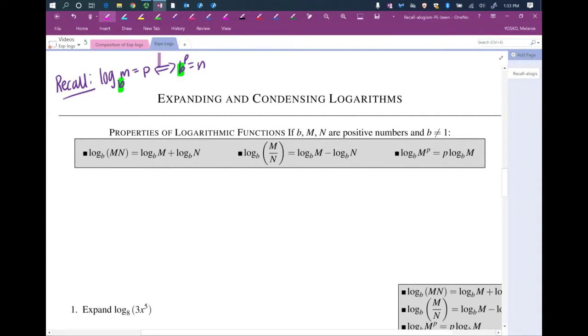And then we switch the inputs and outputs, right? If this logarithm operates on N, it's an input here. It has to be an output here. That should be an N, right? And then if this logarithm has an output of p, that means the input of the exponential is p. We're just switching inputs and outputs, right? b to the p equals M.